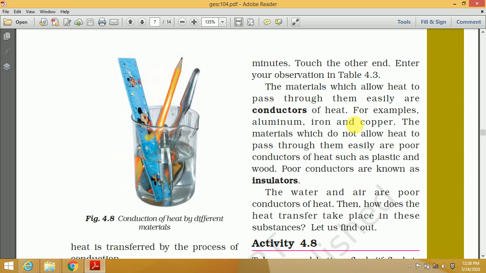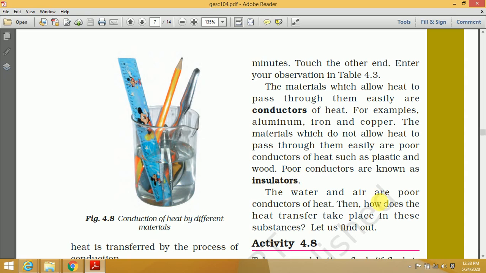So these are some of the materials through which heat can easily flow. And the materials which do not allow heat to pass through them easily are poor conductors of heat, such as plastic and wood. Poor conductors are known as insulators.